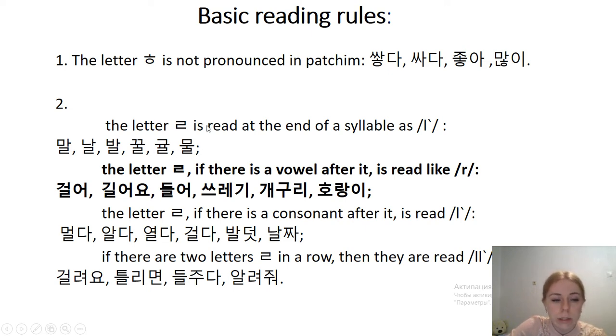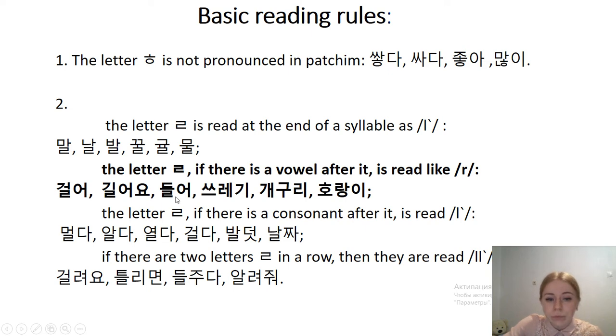In all these cases, we have this consonant letter at the end of a syllable. 말, the end. 날, the end of a syllable. 발, 꿀, 귤, 물. They're all cases where 를 is at the end of the syllable. So we read it like 르. 말, 날, 발, 꿀, 귤, 물.